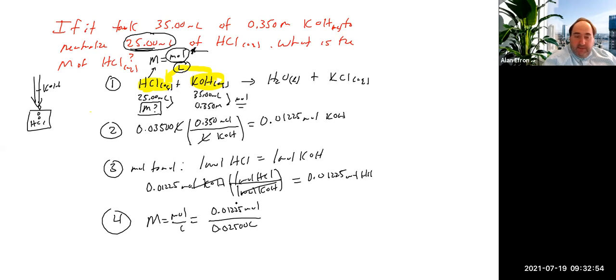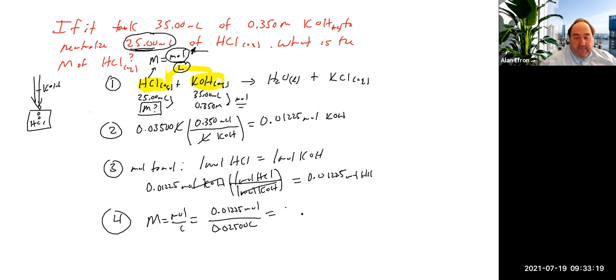All right, so just to make sure one more time, 35 divided by 1,000, 0.035 times 0.35, 0.01225 moles, 1-to-1 relationship. And now we're down here. So at this point we divide by 0.025. Units will not cancel.